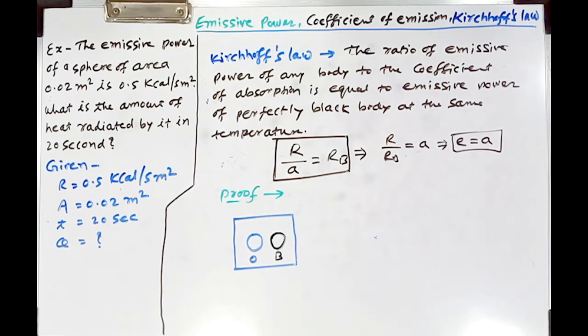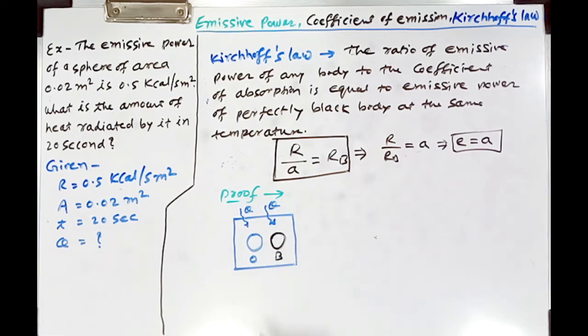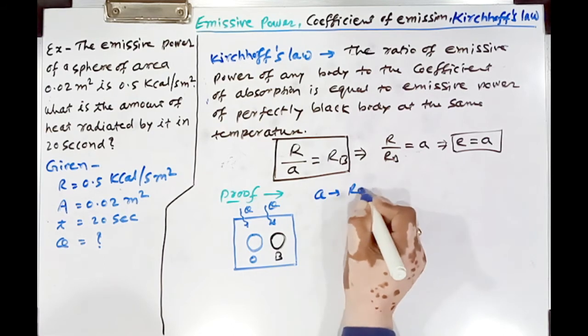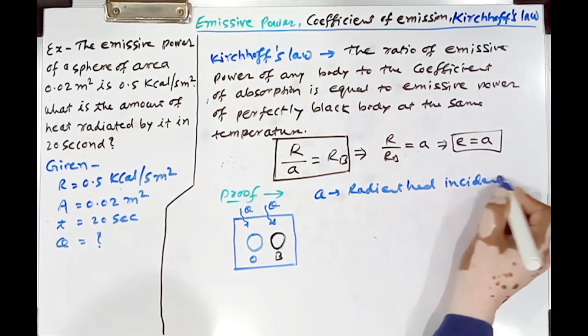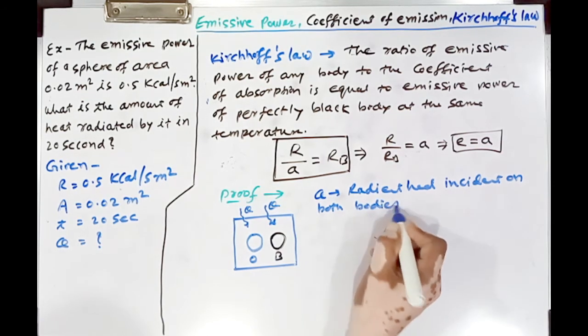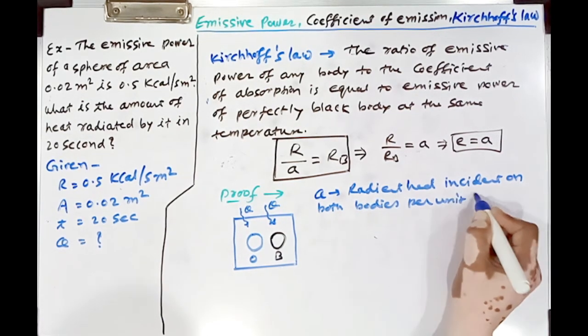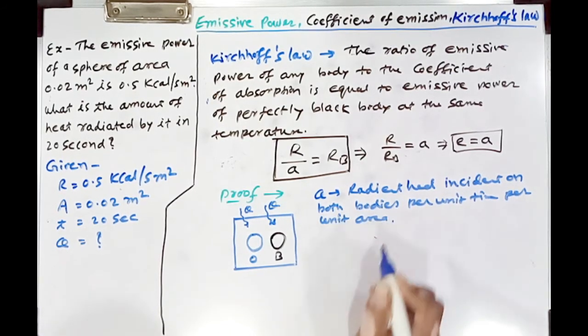Suppose that both the bodies are at the same temperature, and let us suppose Q is the radiant heat incident on both bodies per unit time per unit area.